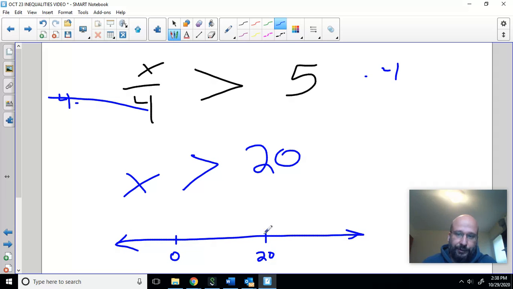I'm going to do an open circle above 20, and it's greater than. So this means that x can be any number greater than 20. So x can be 21, 25, 30, 50, 1,000, 1,000,000. x can be any of these numbers. It just can't be 20 or anything less.